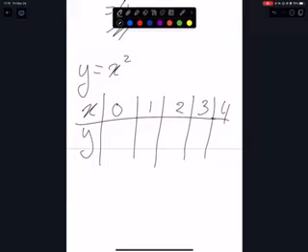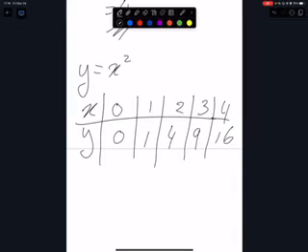At 0, x squared is 0. 0 squared is 0, 1 squared is 1, 2 squared is 4, 3 squared is 9, 4 squared is 16.